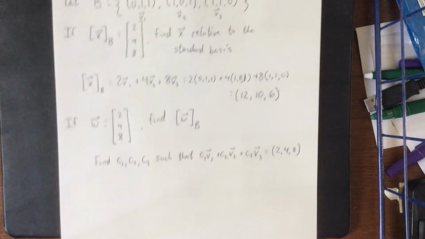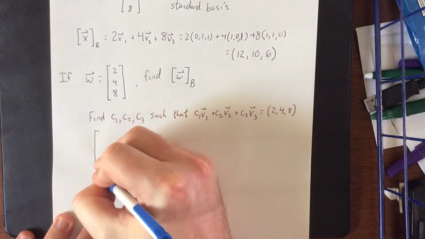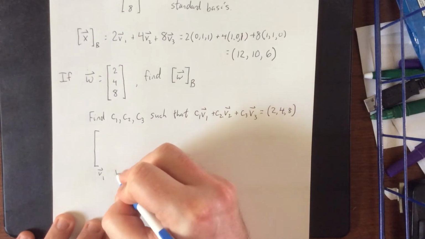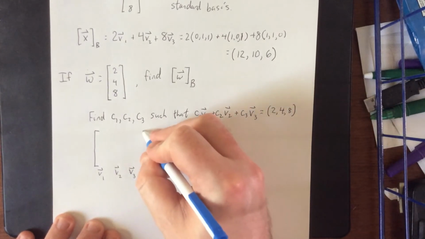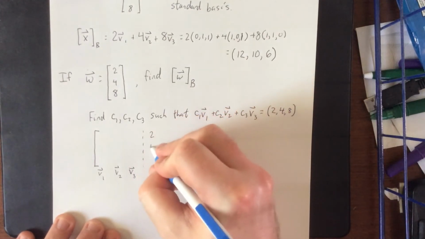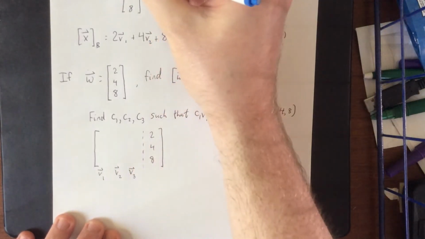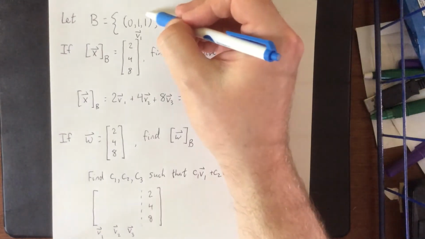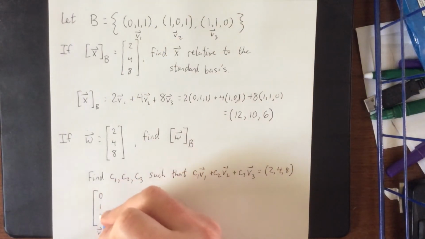Now, using our little shortcut that we can use to set up this process, the augmented matrix would have vector v1 in the first column, vector v2 in the second column, vector v3 in the third column, and we would be augmenting with our vector 2, 4, 8. So in the first column, we put 0, 1, 1 to represent the first vector.